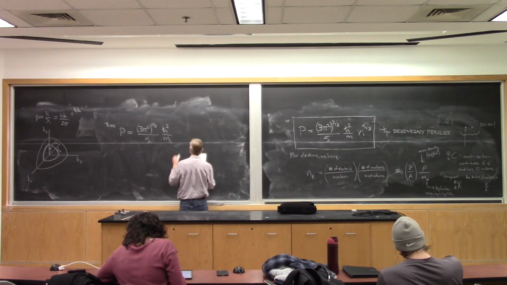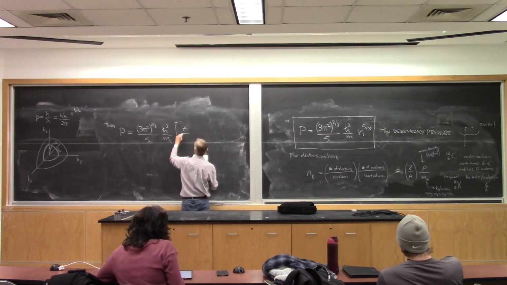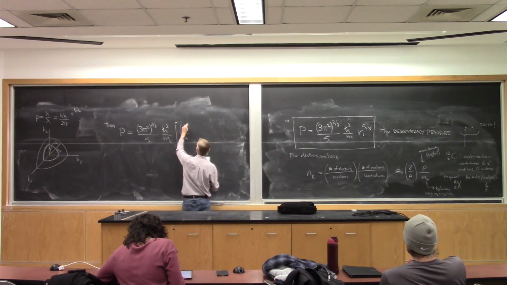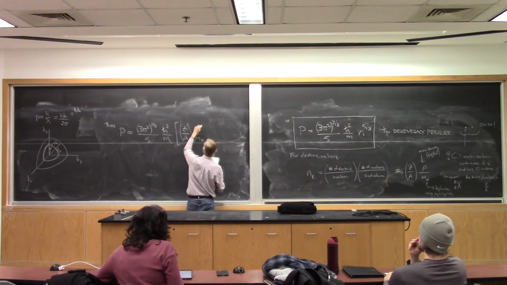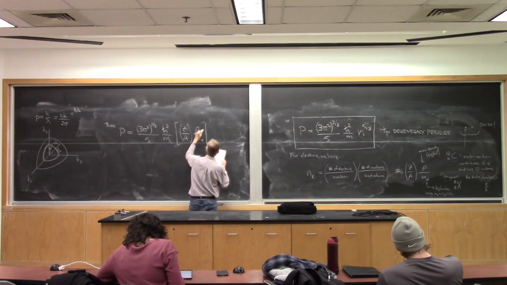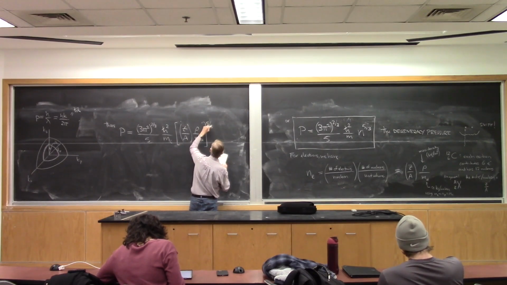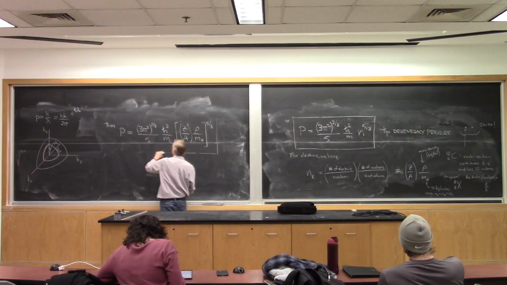And then it's going to be square brackets Z over A times rho over m_H, all that to the 5/3 power. Draw a box around that.